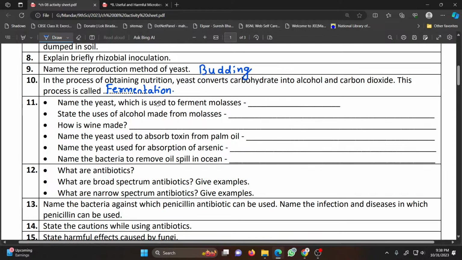It is Saccharomyces. State the uses of alcohol made from the molasses. It is a smokeless high quality fuel. It is used for industrial production of alcohol.